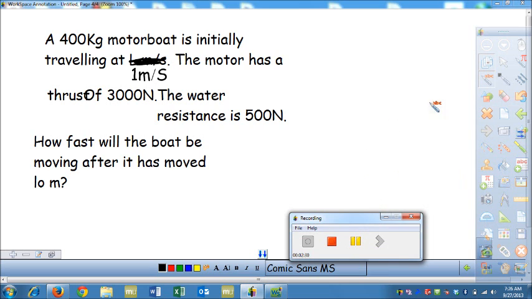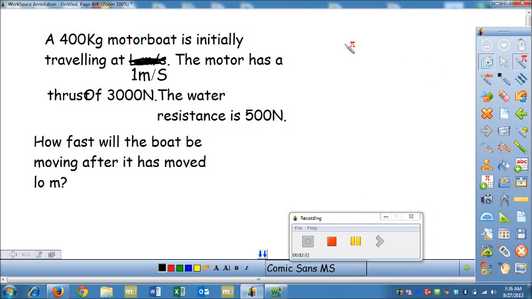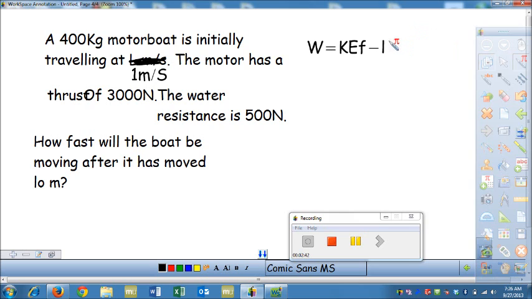Okay, so let's see what we need to solve this. We need that work equals kinetic energy final minus kinetic energy initial. Close enough. Okay, so let's see.